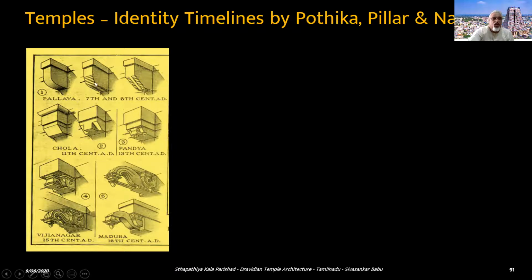During the Chola period, they changed it into cut Podiga and then Vettu Podiga with an elongated one. And then Pandya changed it into a flower kind of motif. So many of the Ardha Mandapa, Maha Mandapa and front Mandapas will normally have this kind of pillar design. When it comes to Vijayanagara, this expanded into a flat, and then it started coming out as a small banana flower with an arch here.